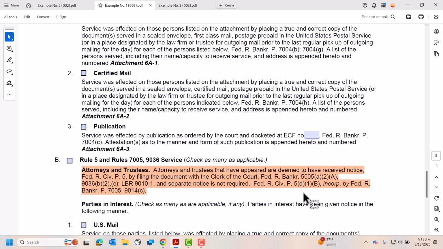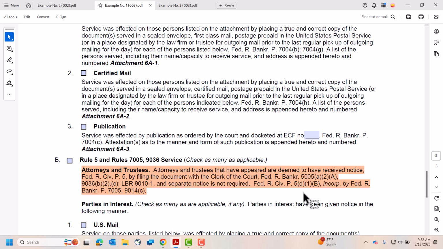In summary, Rule 9036 has shifted the burden of Rule 5 notice on attorneys, trustees, and persons requesting notice from the parties to the clerk of the court. This is a radical departure from past practice and will result in increased accuracy in noticing and produce enormous savings of time and money for the bar and the trustees.